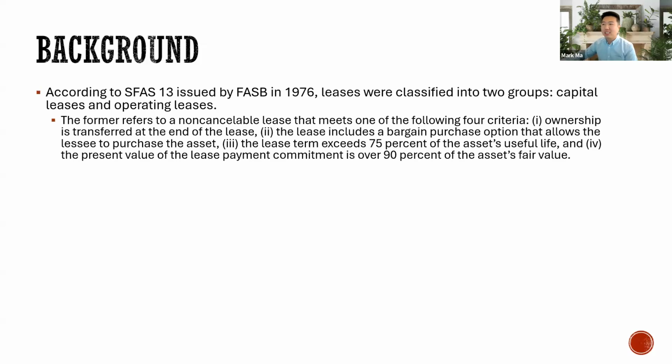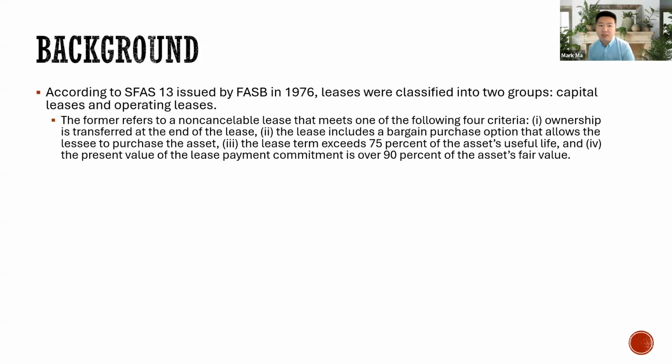A little background, I'm pretty sure most of you already know this, but just in case. The legacy standard, SFAS 13, issued in 1976, requires lessees to classify leases into 2 groups: capital lease or operating lease. It uses several criteria for the classification.